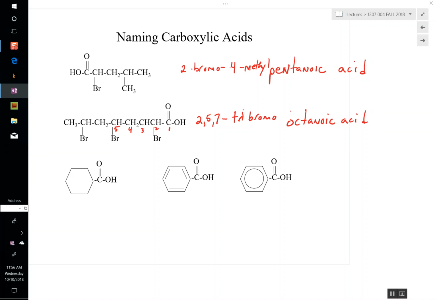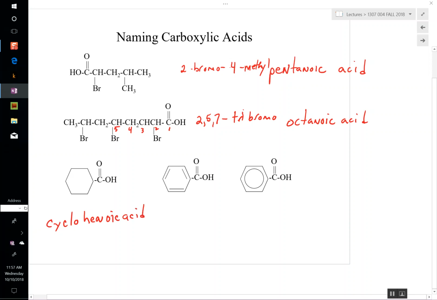Now this one down here, ignore that for a minute. What would you call that? Cyclohexane. So just take off the E. Cyclohexanoic acid.